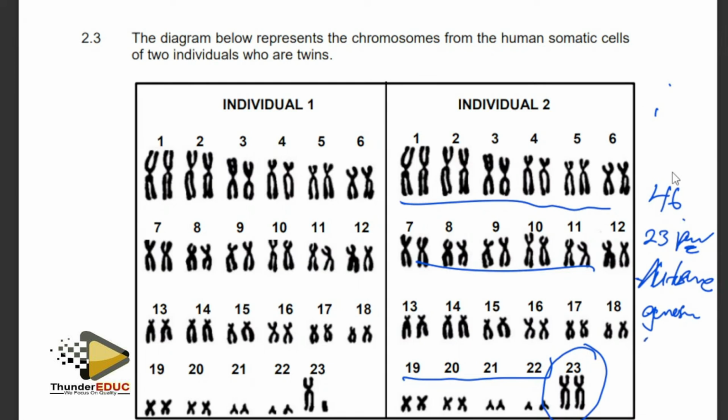The 23rd pair is made up of X and Y. If X and X are together, the individual is a female. All those are marks. If X and Y come together, the individual is a male. You see, you are describing the karyotype. You have already exceeded the 6 marks.